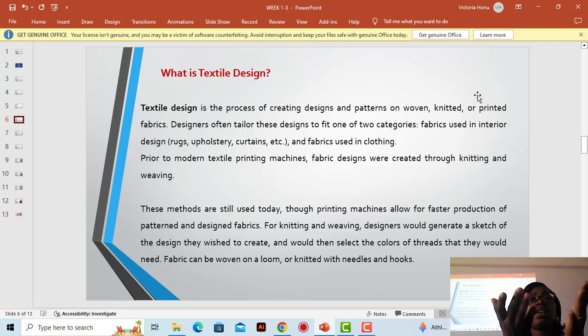Printed can be, let's say, the African prints that we have, the already made African prints that we have. The Wakosongo textiles, the GTP, and all that. Yes, we can still have some designs on it. Okay, we will talk about the textile design applications and then we will understand better.